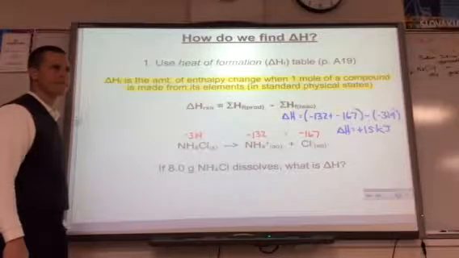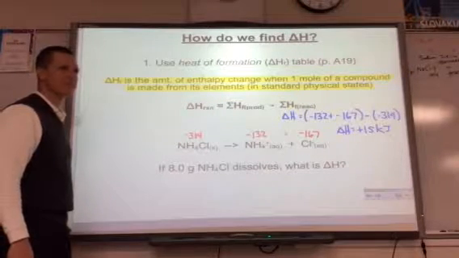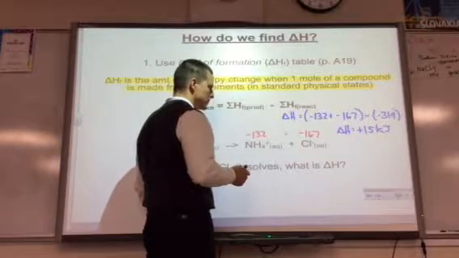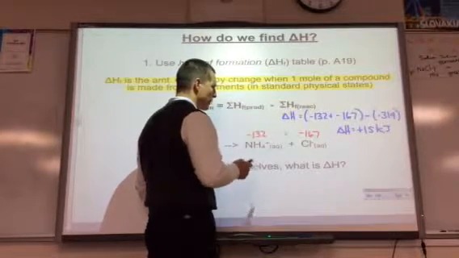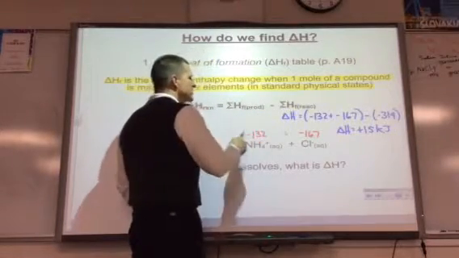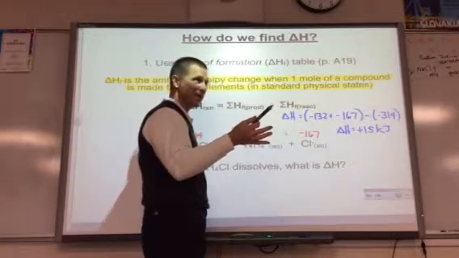Okay, sum of the products minus the reaction total. What does that mean? There's something called Hess's Law, which we haven't learned yet. That's what I would be teaching on Friday if I was here.